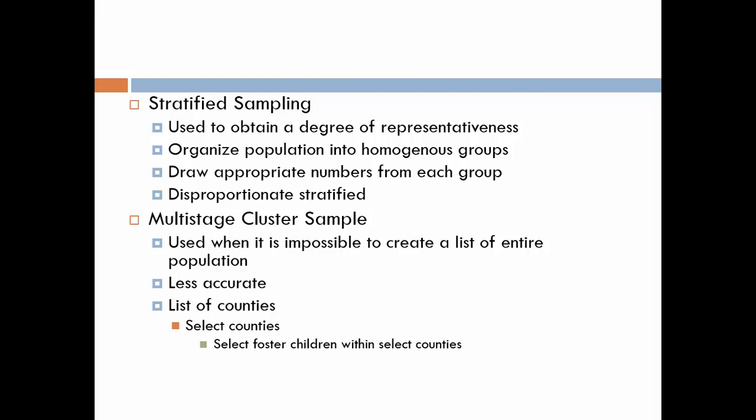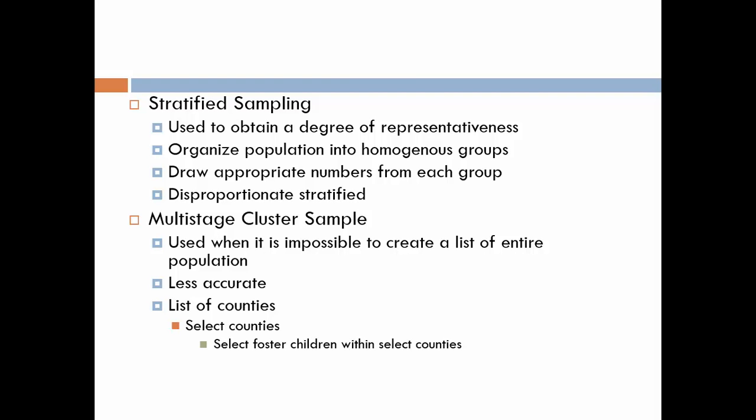The third kind is called stratified sampling. This is used to obtain a degree of representativeness when there are certain characteristics that are important. It's similar to something done in non-probability sampling that we just talked about. We organize our population into homogeneous groups.